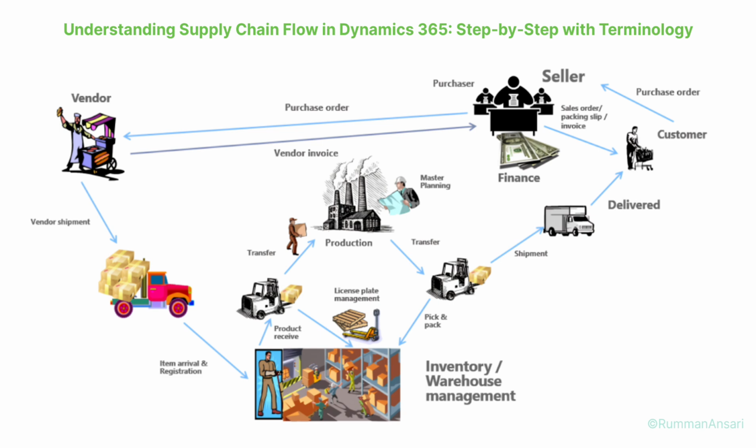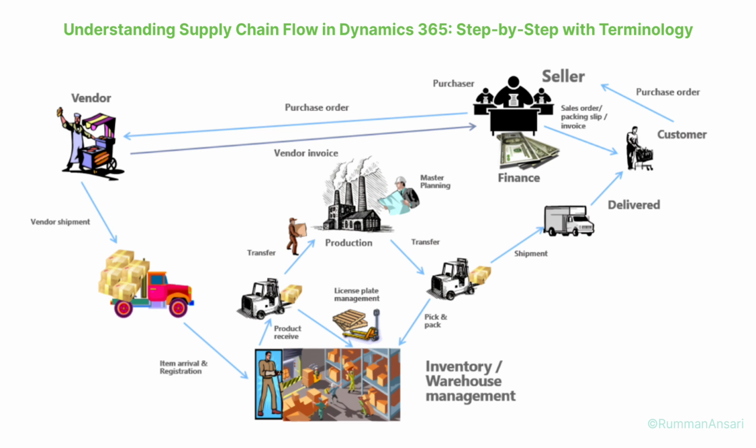Now after this, as you can see, there is a production section, right? In this step, if production is required, and if the items received are raw materials, in that case they may be sent to production to be converted into final finished goods. Production means the manufacturing process where the raw materials are transformed into finished goods.